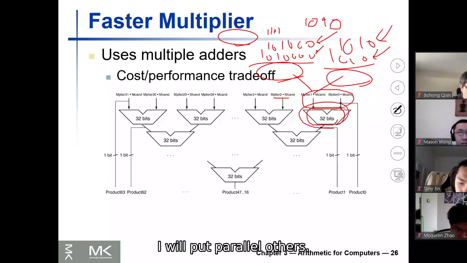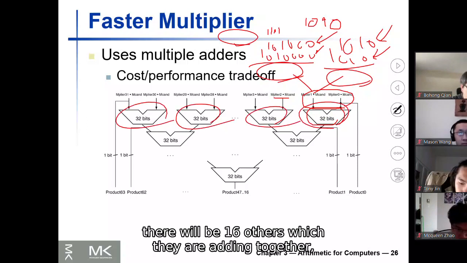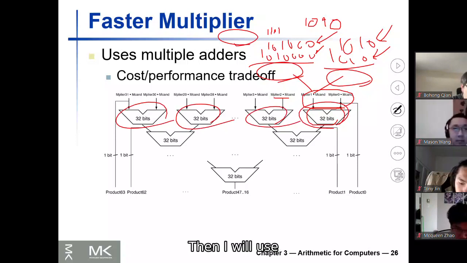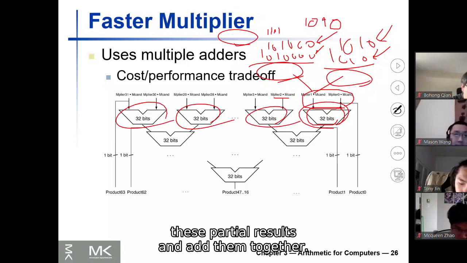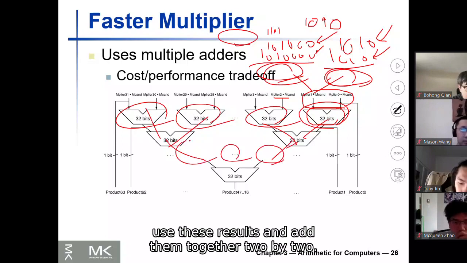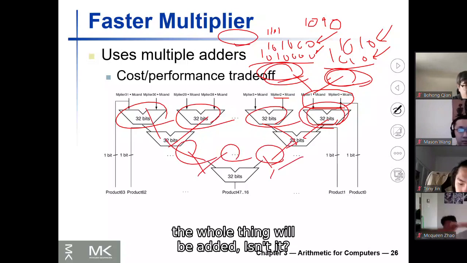So I will put parallel adders. For the 32 bits, there will be 16 adders, which are adding together, and the results come out from them. Then I will use these partial results and add them together 2 by 2, and then at the last step, the whole thing will be added.